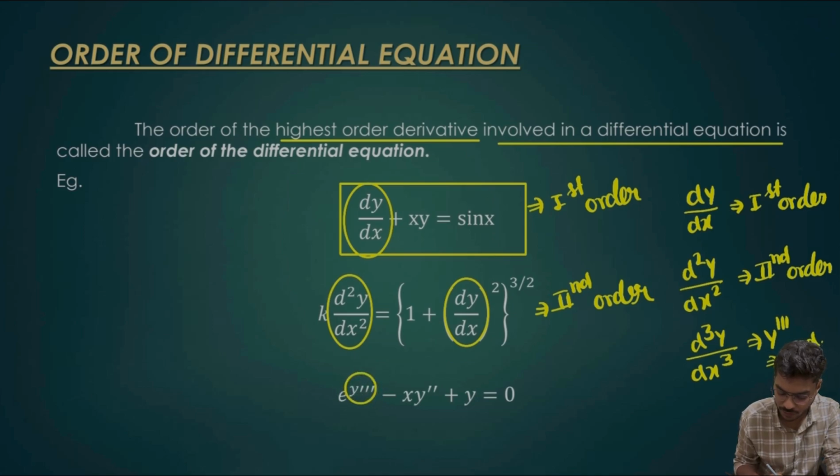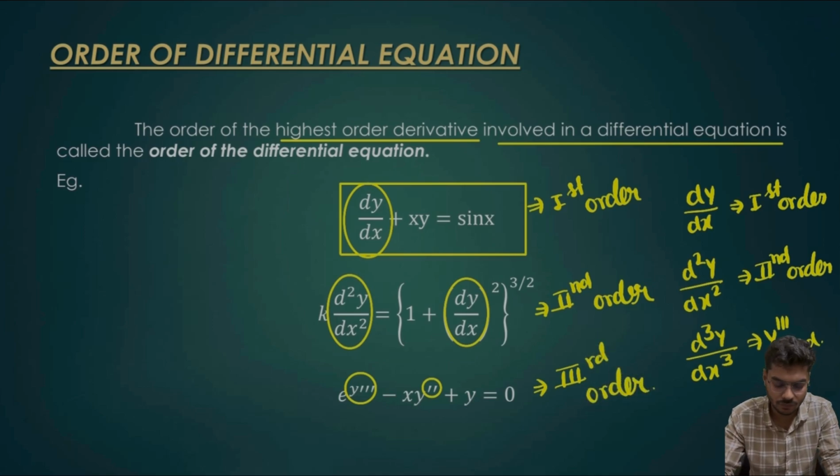That is nothing but a triple derivative. We have a double derivative also, a triple derivative also, but which one is the highest? That is third order. So the first equation is first order, the second equation is second order, the third equation is third order differential equation.